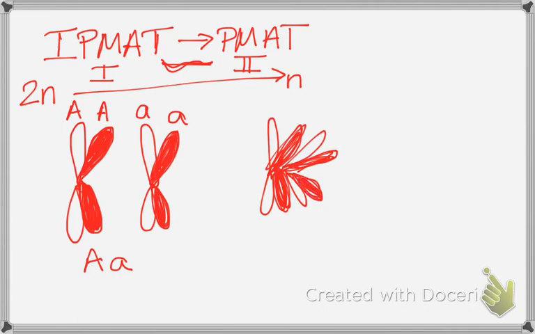I'm not that much of an artist. We see 4 little chromosome legs hanging out. So what's that called? A tetrad. Good. A tetrad. So what has happened is these 2 have connected together and made that.